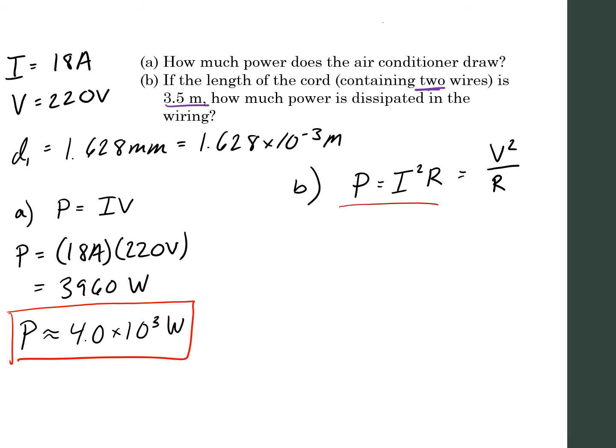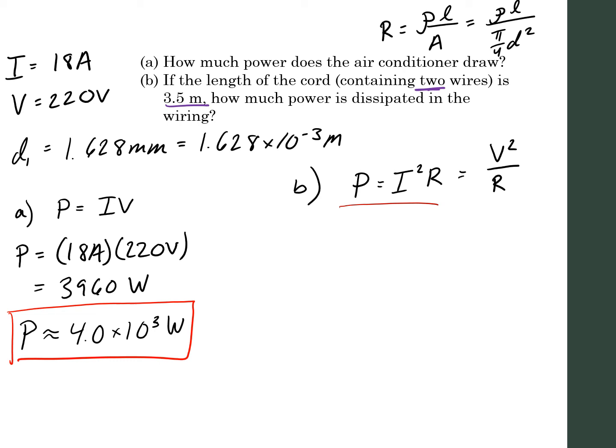So the equation that we have for resistance is rho L divided by A, where area is the cross-sectional area of our wire. So we could use either pi r squared, or we can use pi over 4 d squared. In our lecture last time, I used the radius value.